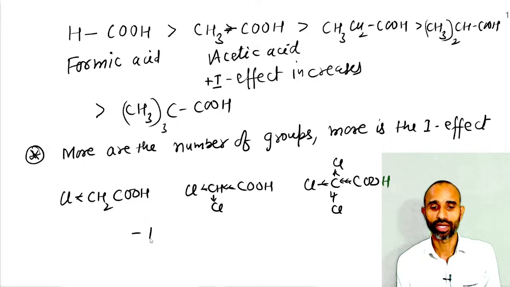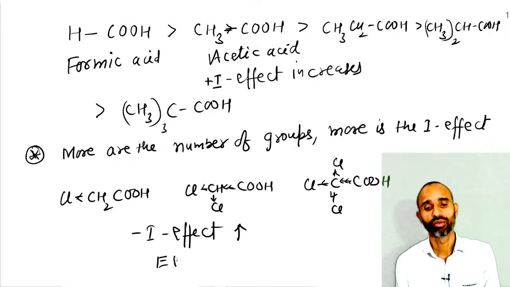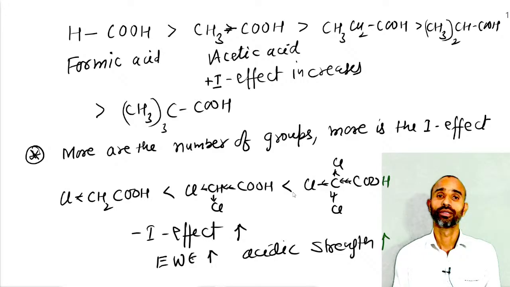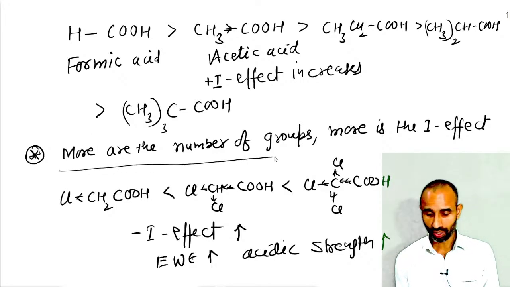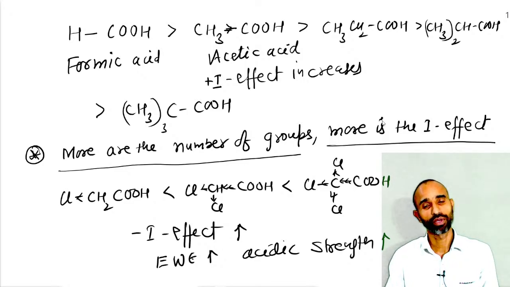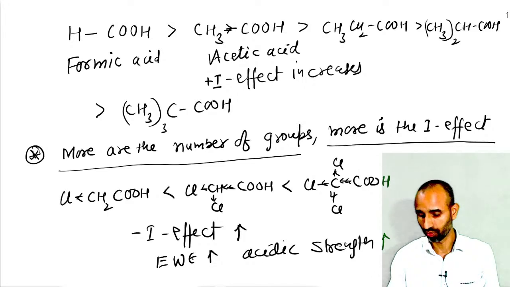So minus I effect increases, and so electron withdrawing effect increases, so acidic strength increases. So the more the number of groups, the more is the inductive effect, either plus I groups or minus I groups.